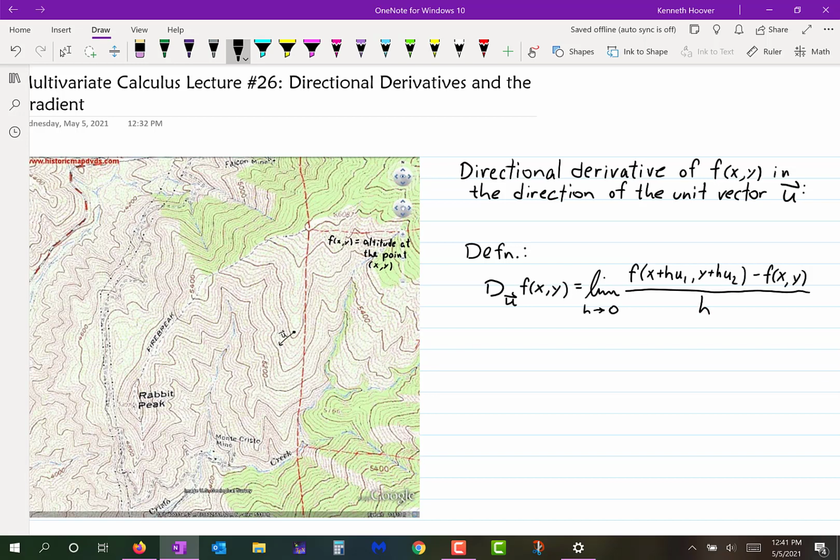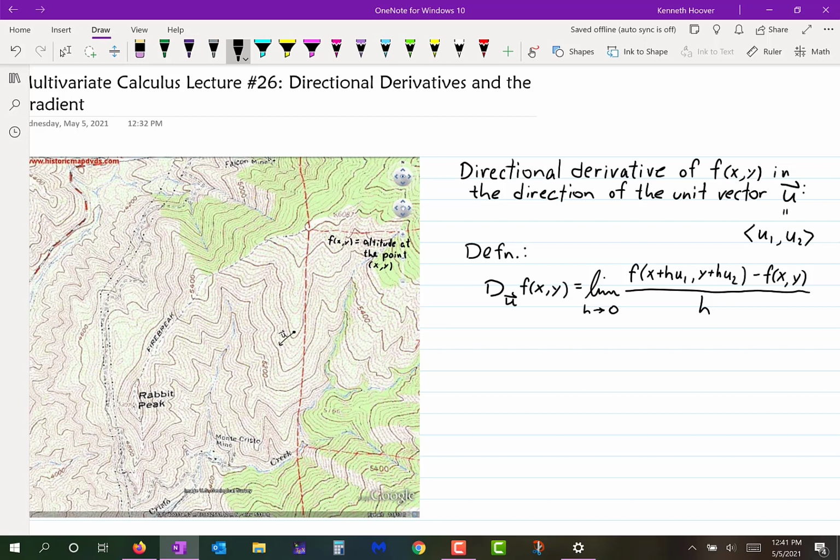What's u1 and u2? I should probably have written here. Those are the components of your direction vector. Okay, so that's the definition of the directional derivative of f in the direction of u.